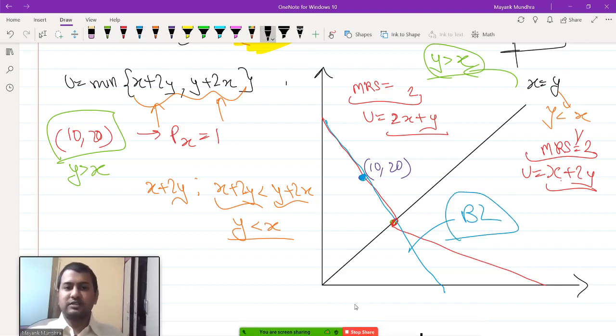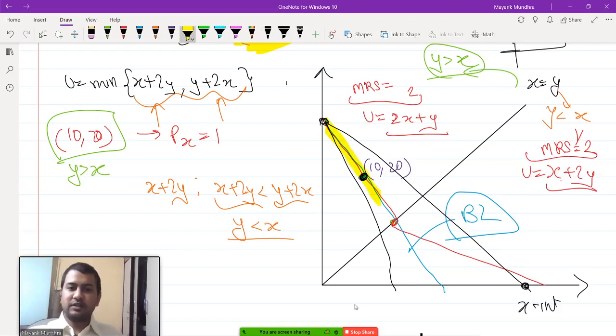If the budget line is steeper than this, then this point is the best. If the budget line is flatter than this, then you will consume the x intercept. So if you are consuming a point on the left arm of the indifference curve, it automatically means that the budget line should coincide with the left arm of the indifference curve.